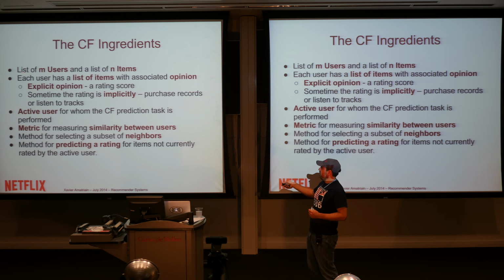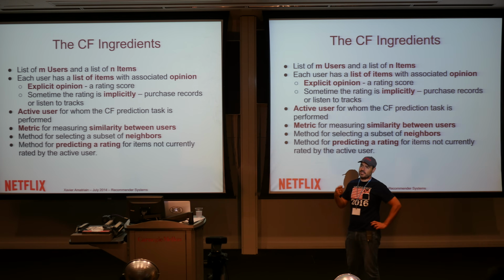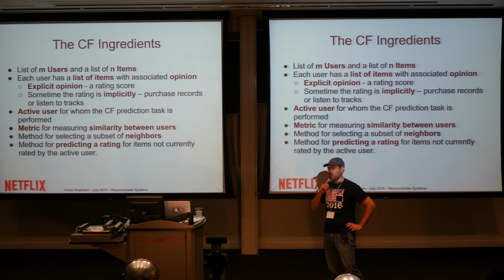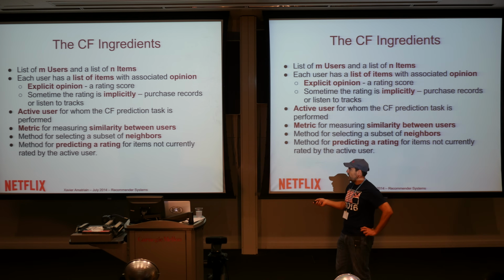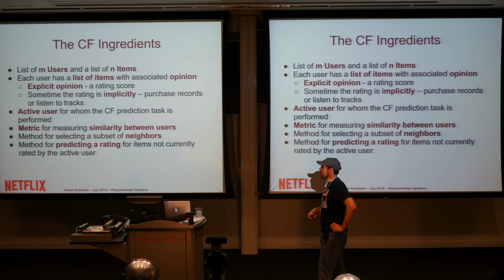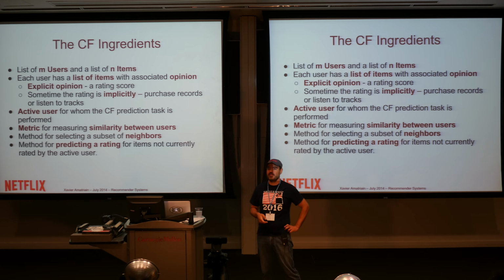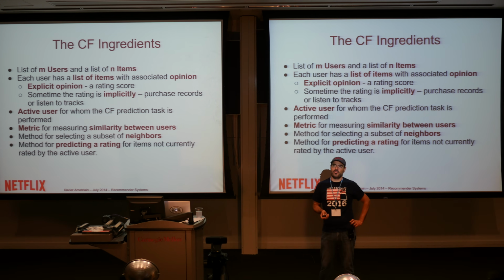Okay, so we're going to have some sort of data or information about the relation between a user and an item. Then we're going to have an active user, that person in the room whom we're recommending for. And then we're going to have a metric for measuring similarity between users and a method for selecting a subset of neighbors. And finally, a method for predicting a rating.